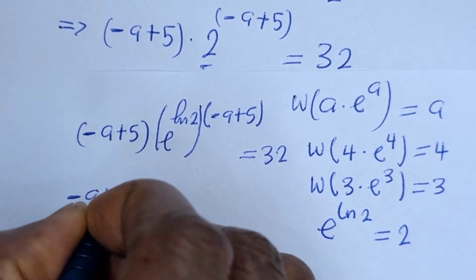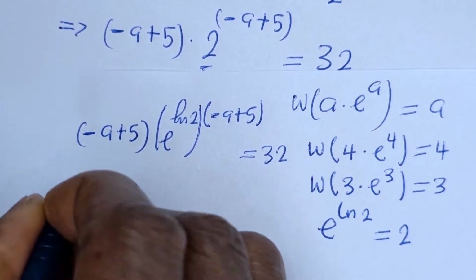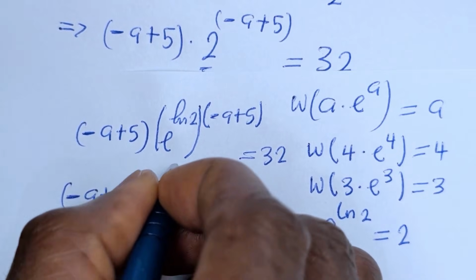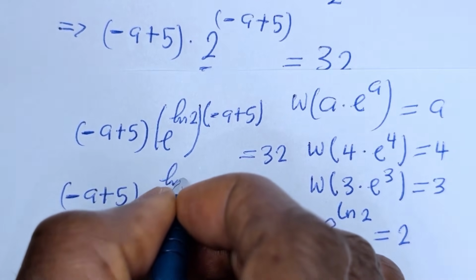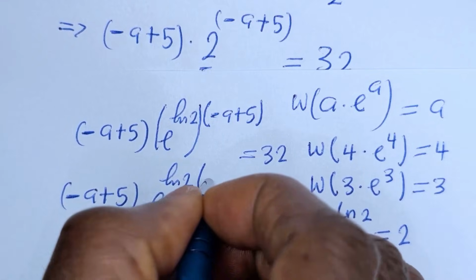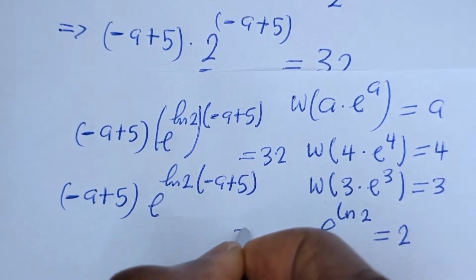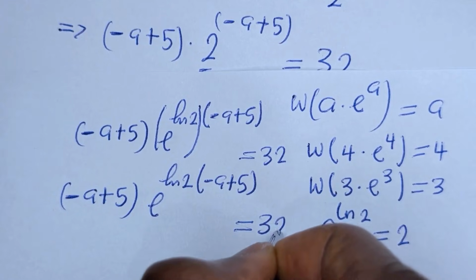Minus a plus 5, here will be e raised to power ln of 2, bracket minus a plus 5 is equal to 32.